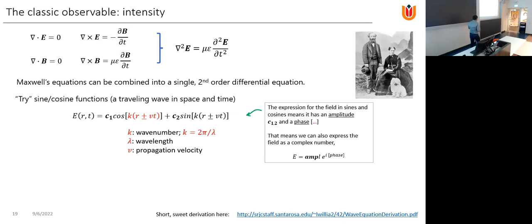This expression in cosines and sines means that it has amplitudes and phases. The phase is in between brackets here. That also means that we can write this solution of sines and cosines in the complex notation that we saw earlier, as an amplitude times a complex exponential of the phase. And rearrange a little bit within the phase term, with this expression for traveling waves.